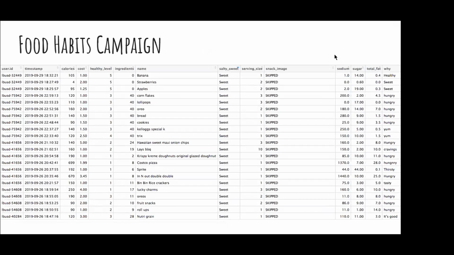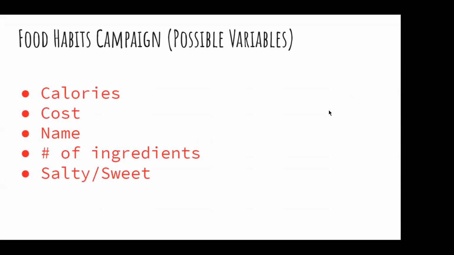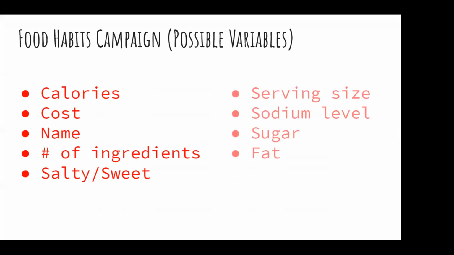Possible variables that you can use and consider are calories, cost, the name, the number of ingredients, salty versus sweet, serving size, sodium levels, sugar, and fat. These are possible variables you can use to develop a statistical question.